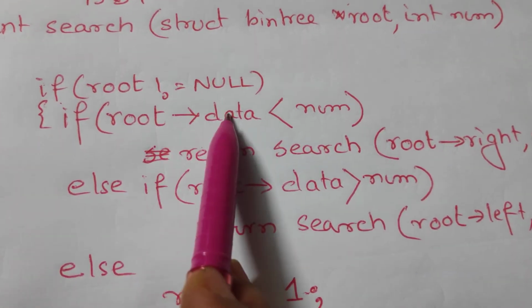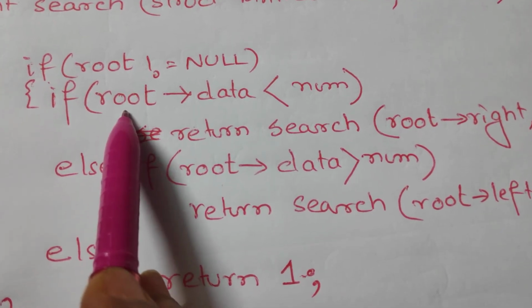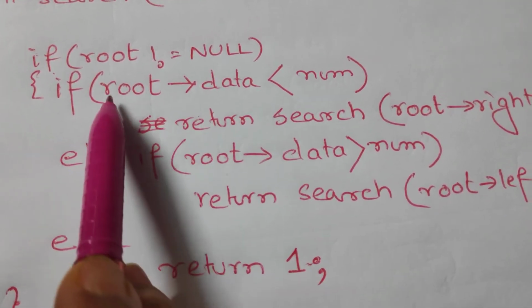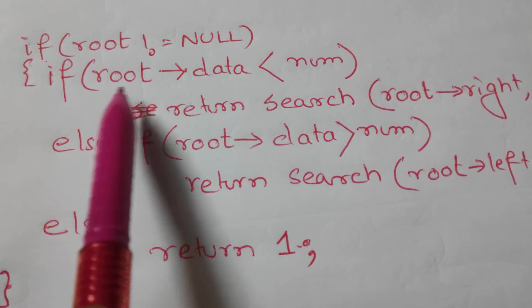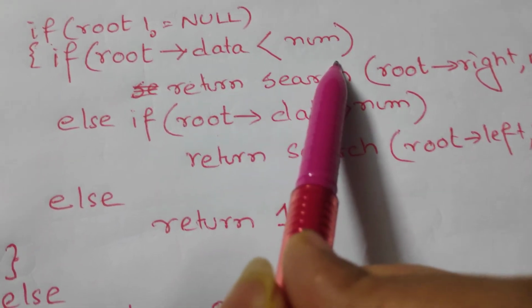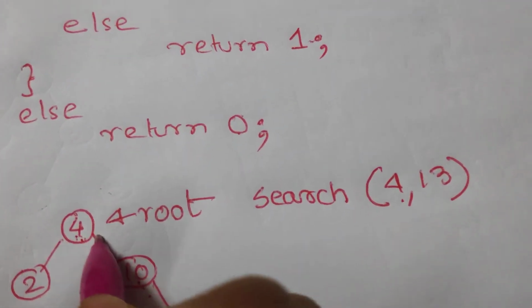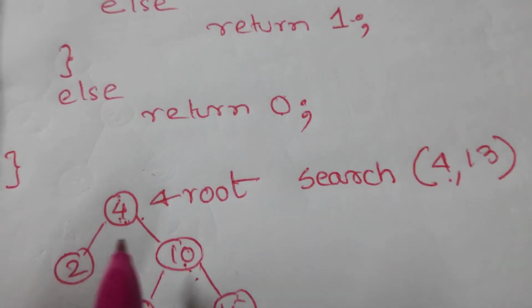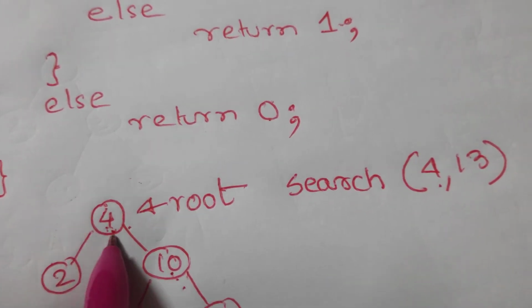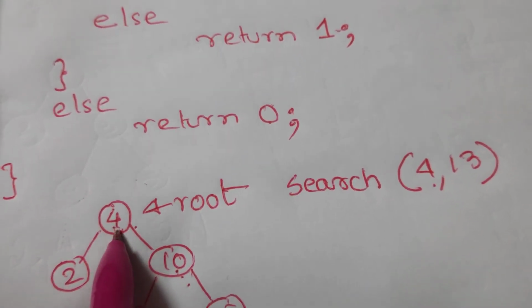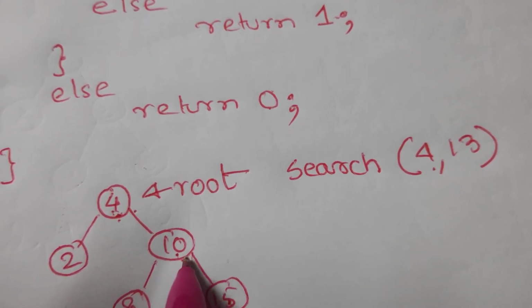That is the same procedure we are doing over here. Root is not null, so we are checking the value of the root data and whether the root data is lesser than the number. So over here 4 is lesser than the number, 4 is lesser than 13. So since 4 is lesser than 13, we have to come to the right hand side.